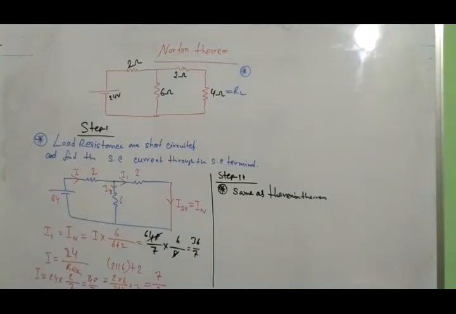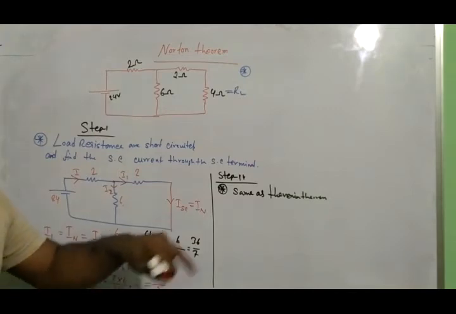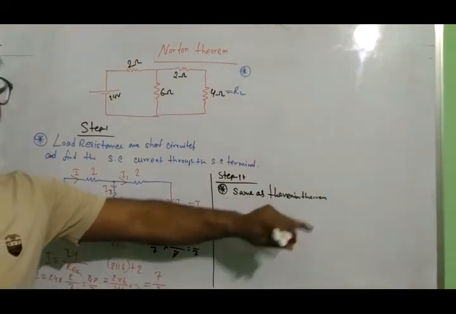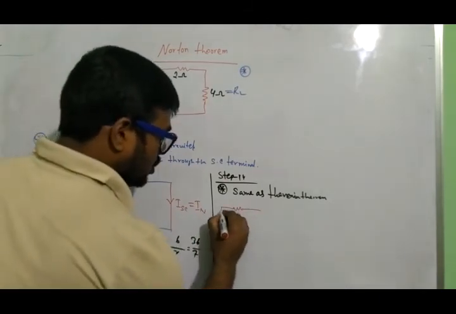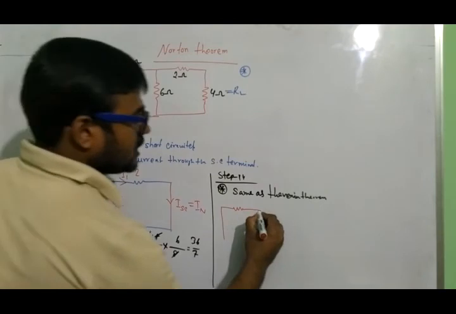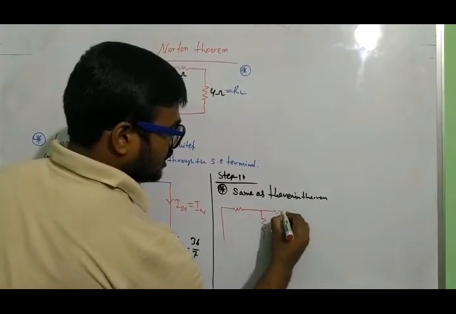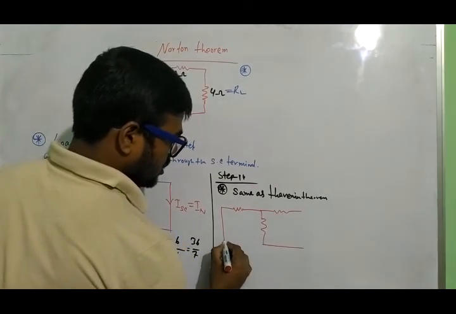In Thevenin theorem I find the Thevenin resistance, and in Norton theorem I find the Norton resistance, but the procedure is the same. That's why I write here same as Thevenin theorem. So what is the procedure? Load resistance is open and supply voltage is shorted.